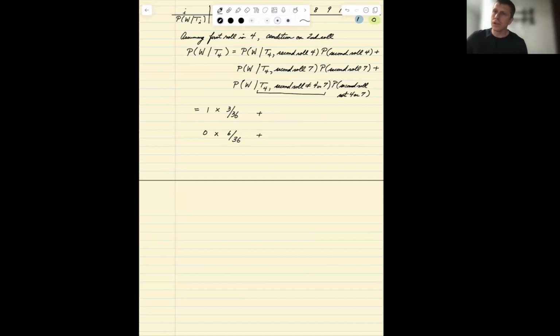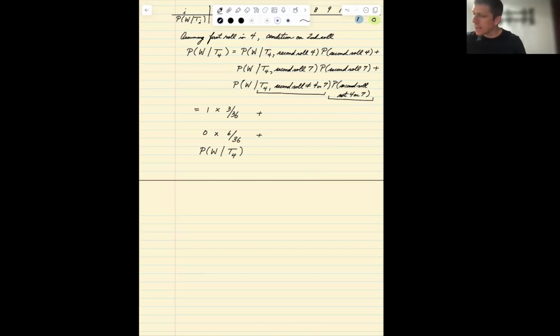But that third roll is going to be like a replicate of the second roll. So it's actually the same as just the probability of W given T4, right? It's as if the second roll never happened. We just ignore it.